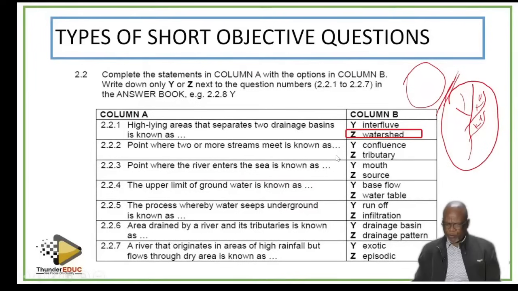The point where two or more streams meet, we already said, is the confluence. The point where the river enters the sea is known as the mouth. But you should not say just mouth, just like you could not say elbow when you're talking about river capture. It is not elbow, but elbow of capture. And also here you must be very aware, it must be river mouth, because it's not just any mouth, it's a river mouth.